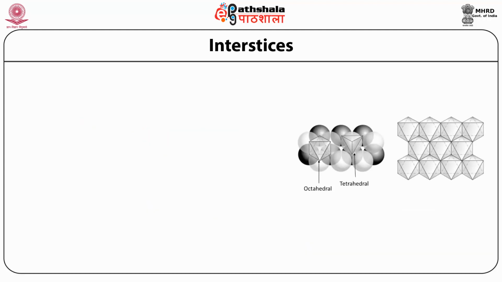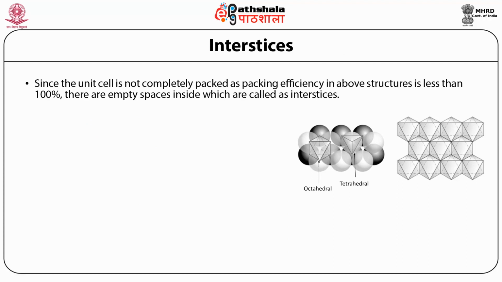Now comes interstices. Since the unit cell is not completely packed, as the packing efficiency in the above structures which we have discussed is less than 100%, there are empty spaces inside, which are called interstices.